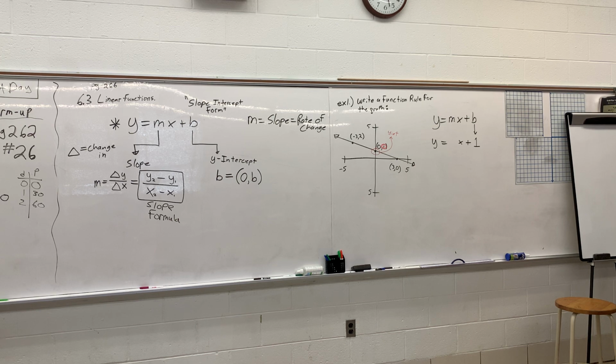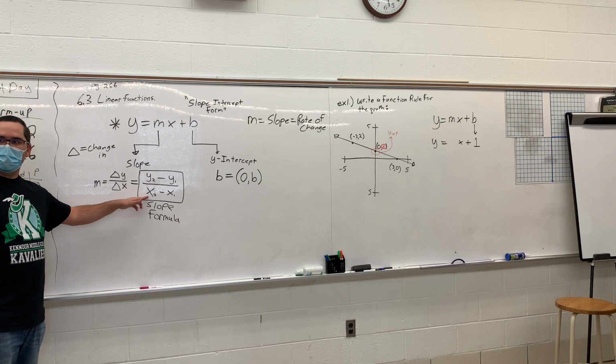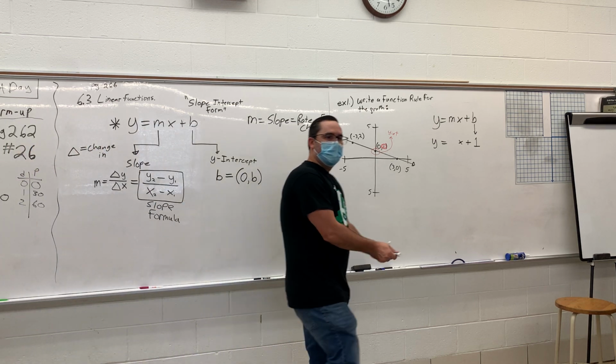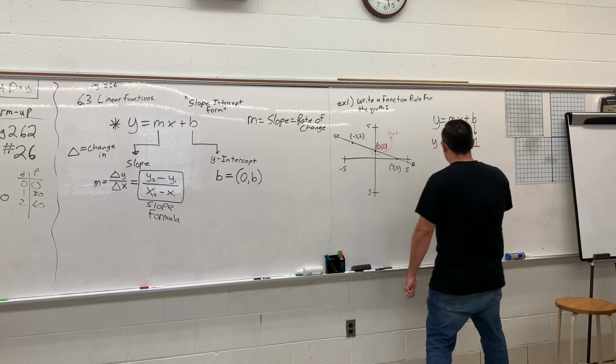Okay, so now we need to find the slope. And this is going to take some effort. We're going to use this formula to find our slope. So the first thing you want to do when finding your slope is write down the formula.